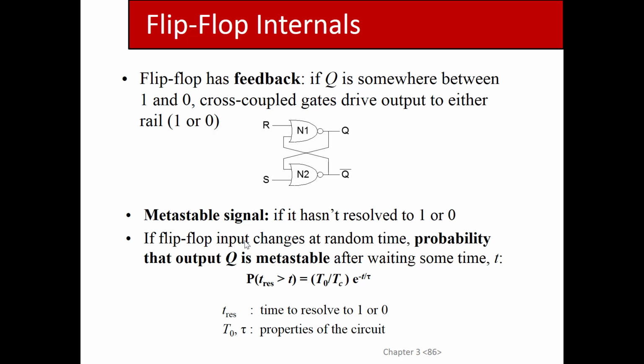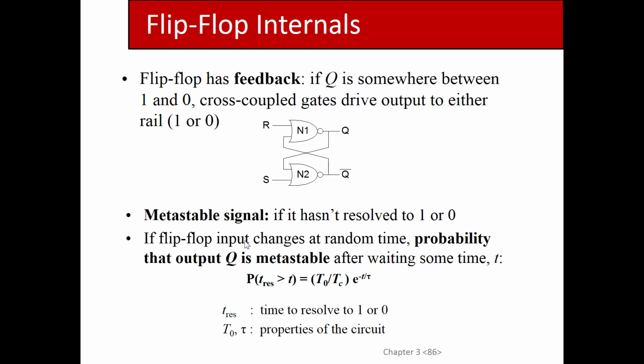You guys with me? So this just forms an exponential distribution. What it means is that the more time you wait, the more likely it is that the latch will come out of the metastable state. So at time 0, this is 1, and it looks like an exponential distribution.